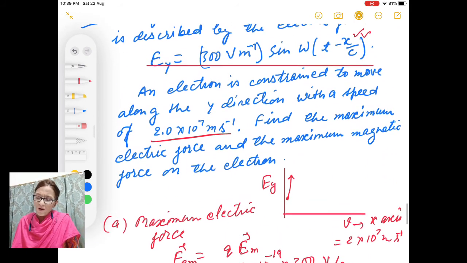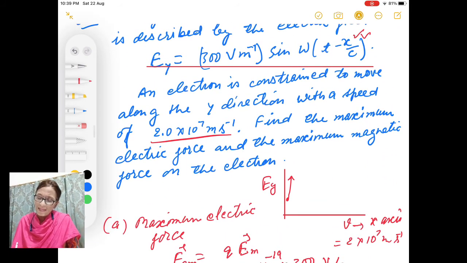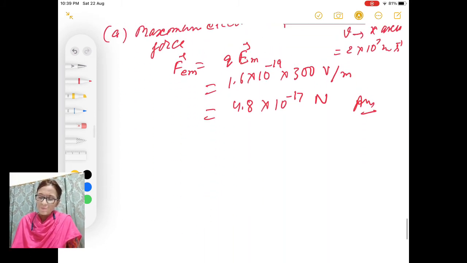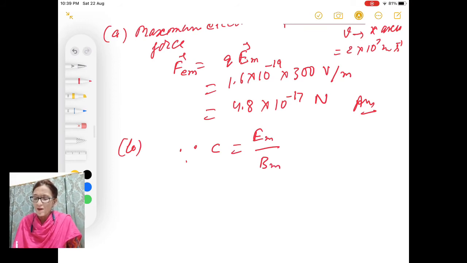Now we have to find the maximum magnetic force also. So firstly we will find the highest magnetic field using this equation, and we know that the speed of light is given by E amplitude upon B amplitude, and from this equation we can find the magnetic field amplitude.